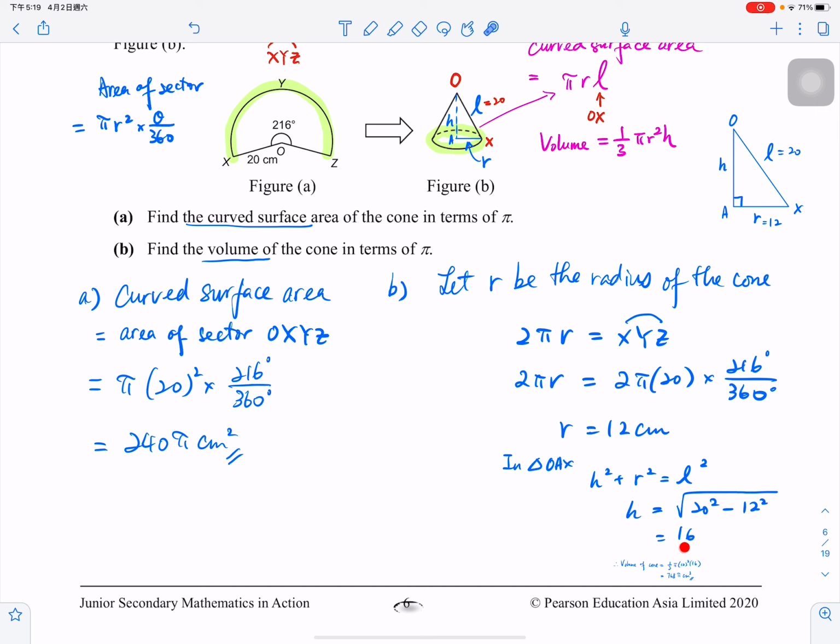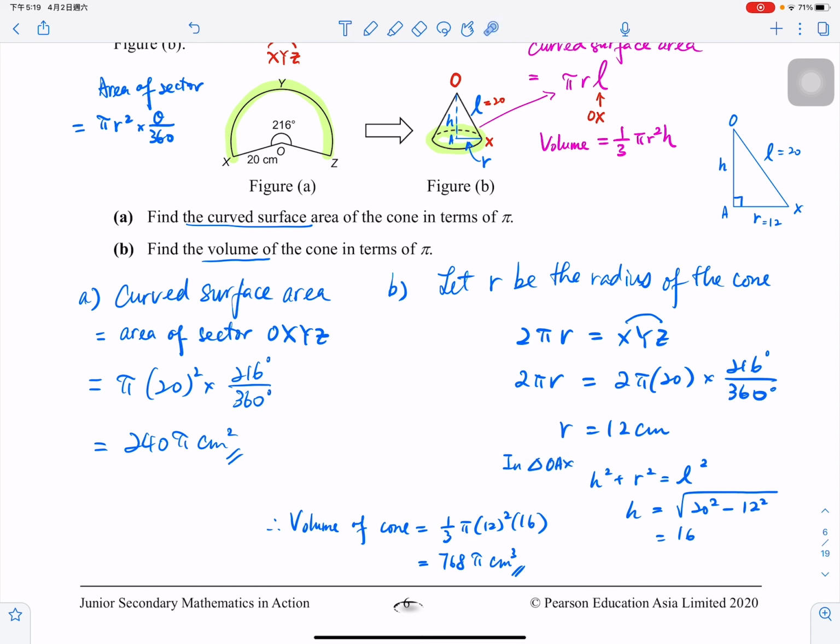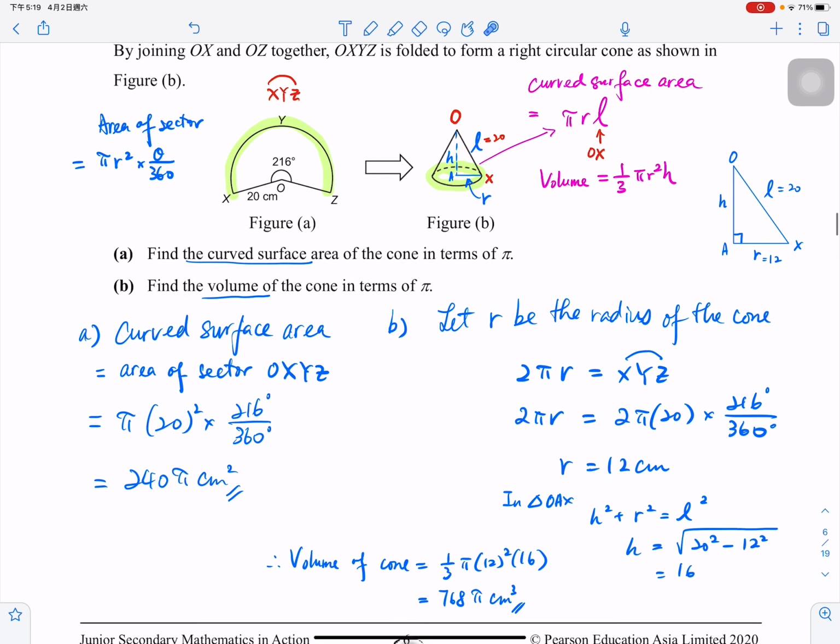So h is 16. As a result, the volume of the cone: you know h and r, so 1/3 of pi r square h, so pi times 12 square times 16, so 768 pi cm cube.